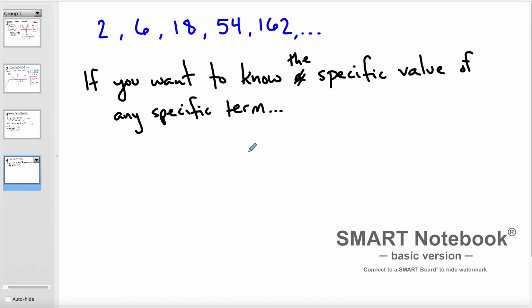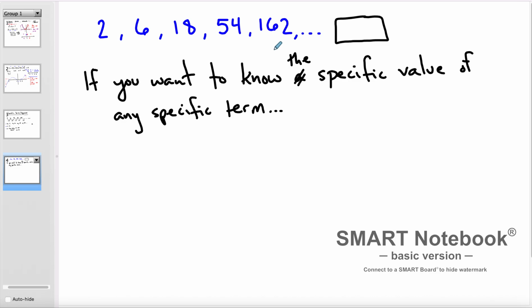So if I can say it in another way, if you want to know what's the number at the 100th term, or what is the number that is produced at the 12th term, right? You can imagine, okay, I just keep multiplying by 3, keep multiplying by 3.